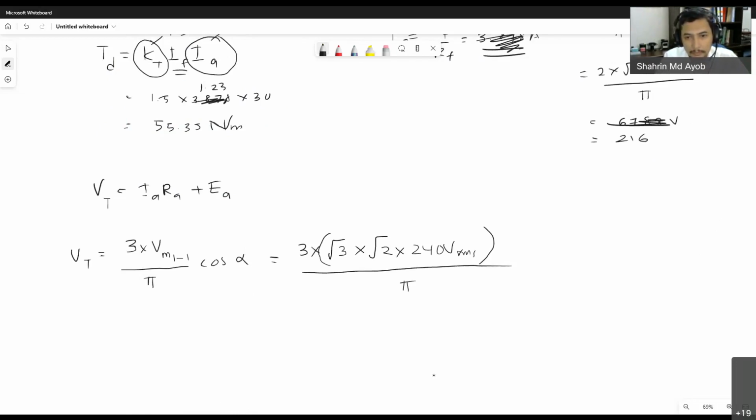Over pi cos alpha. Cos 45 degrees. So you should get your V terminal is 396.9 volt.